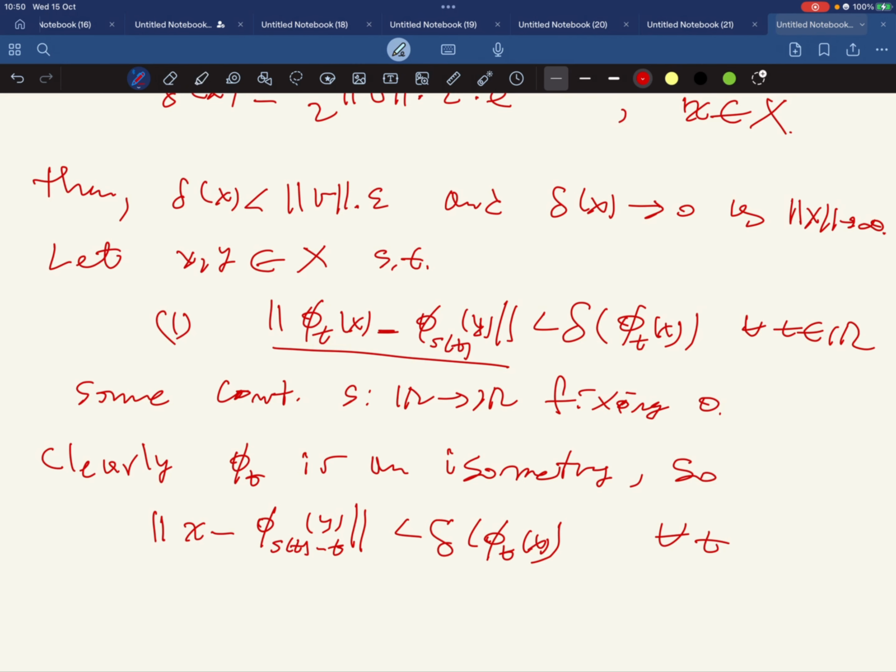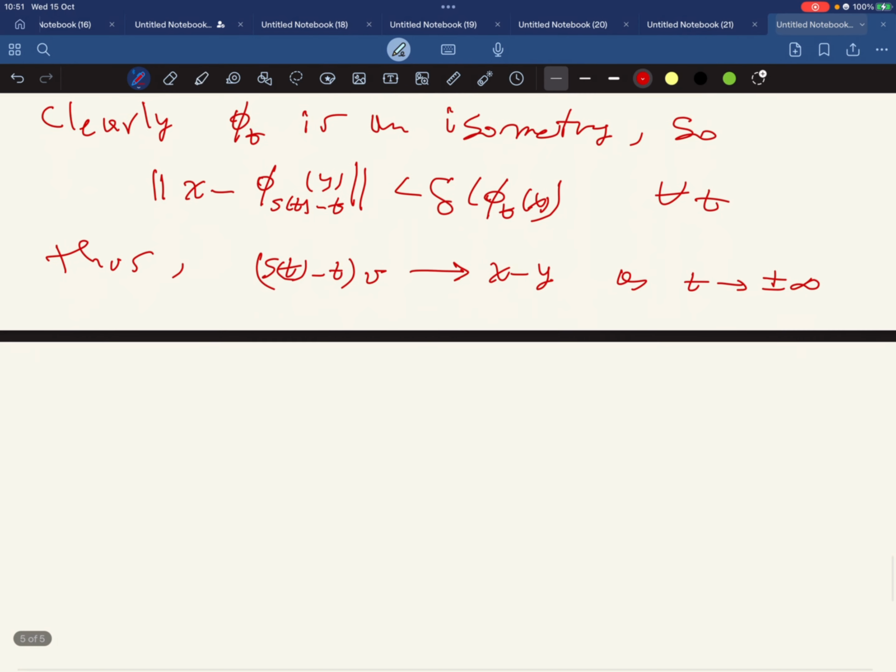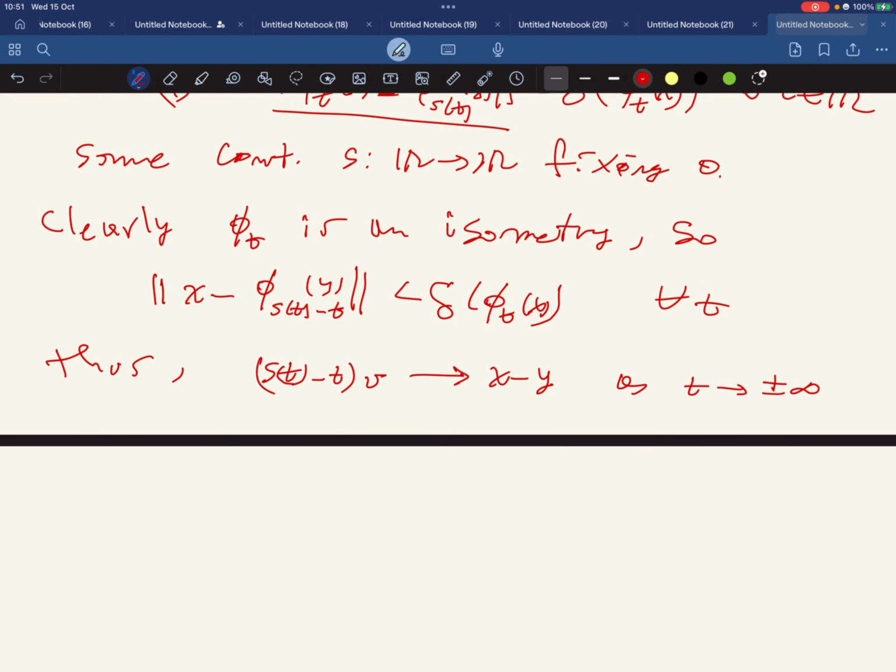Thus, s of t minus t of b should go to x minus y as t goes to plus or minus infinity. You get this from the definition of the flow.